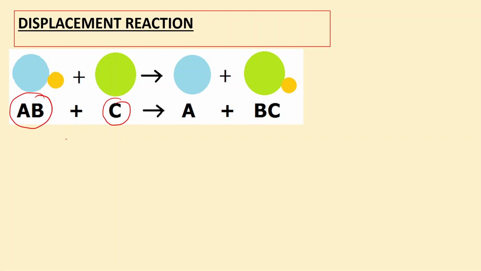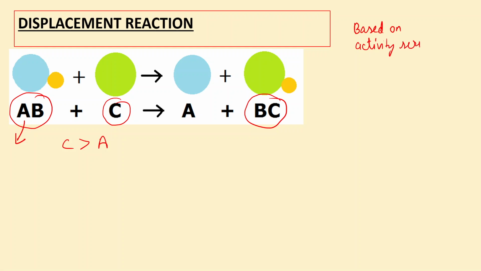C is more reactive than A. So it can react more vigorously with B rather than A. So it displaces A from the compound AB and forms a compound BC. Now A is removed. It is now single.